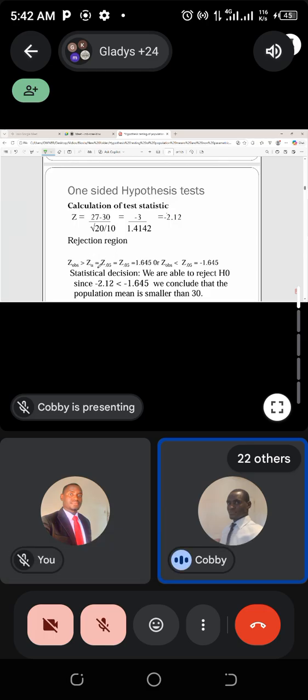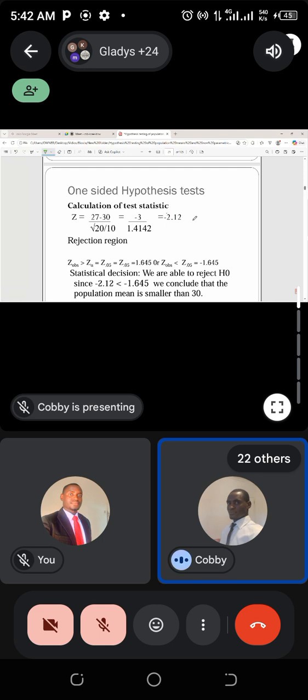Okay, so here we are interested in knowing if the population mean is less than 30. So we look at the critical value for the one-tailed test. The one-tailed test has a different critical value.